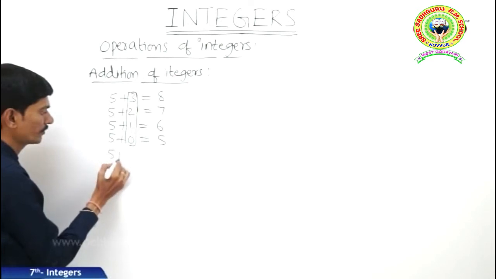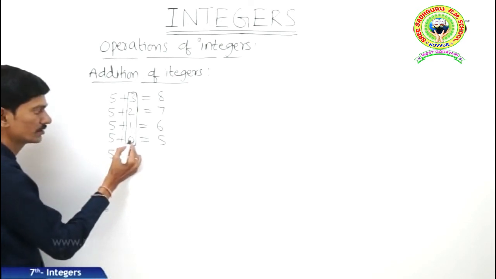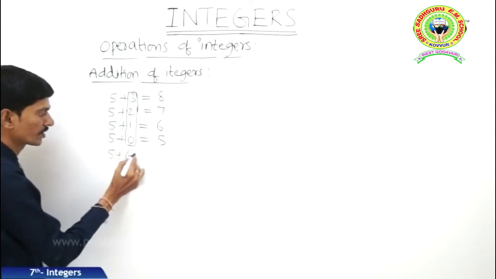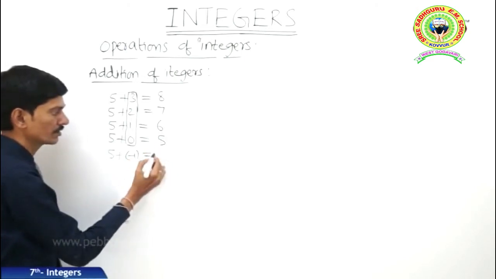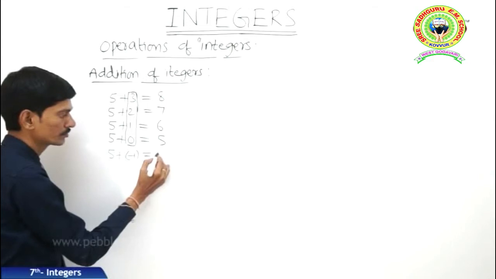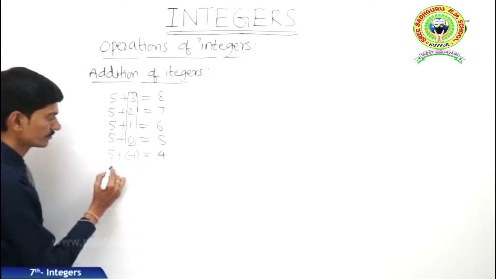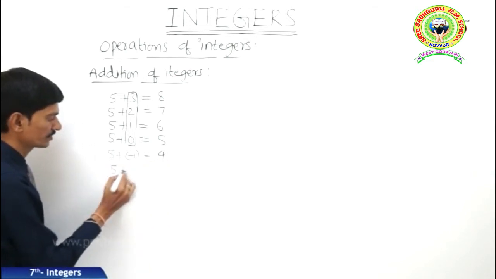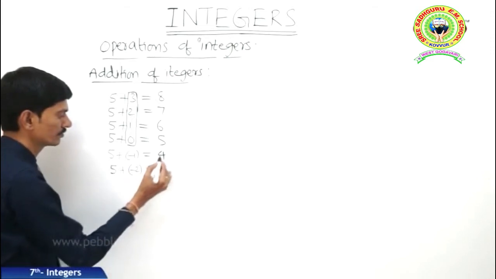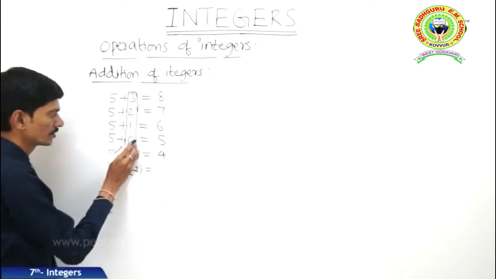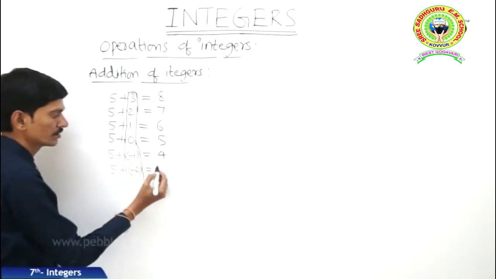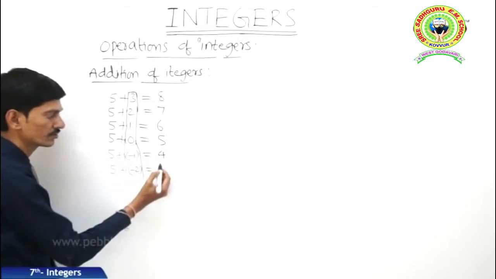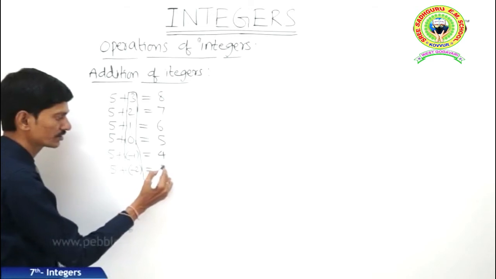Now 5 plus, again when you decrease 0 by 1, we get minus 1. So when you decrease 5 by 1, the result goes down to 4. Then 5 plus minus 2, here also the number being added is decreased by 1, so the sum also decreases by 1, and we get 3.